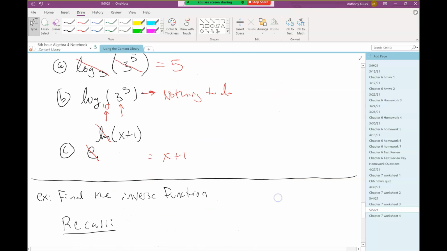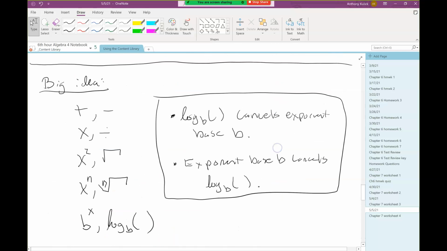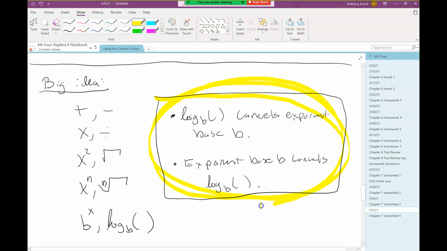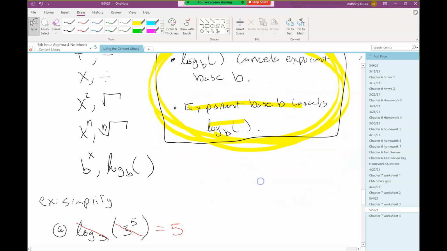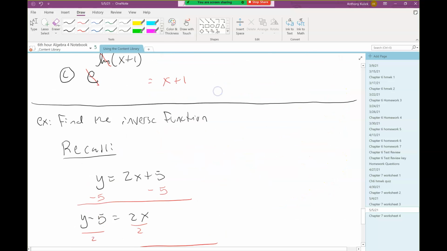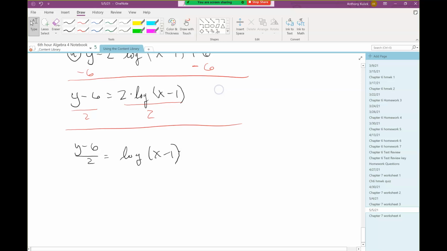So remember, what cancels out log base 10? Exponent base 10. Yeah, that's what it says here in the second statement. Okay, so what is that going to look like then for us?